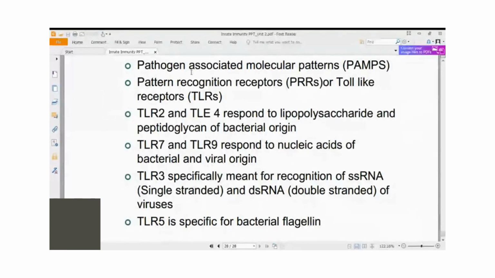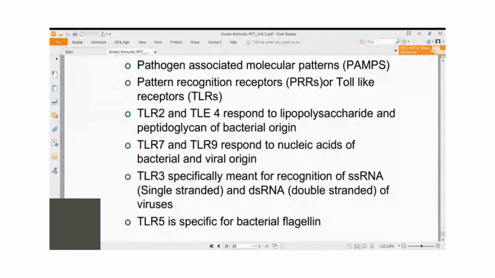The pathogen has a pathogen-associated molecular pattern, and I have already classified those molecular patterns. They are lipopolysaccharides, peptidoglycans, nucleic acids, single-stranded and double-stranded RNA, and flagellin. Based on these, those immune cells respond and bring about the innate mechanism.